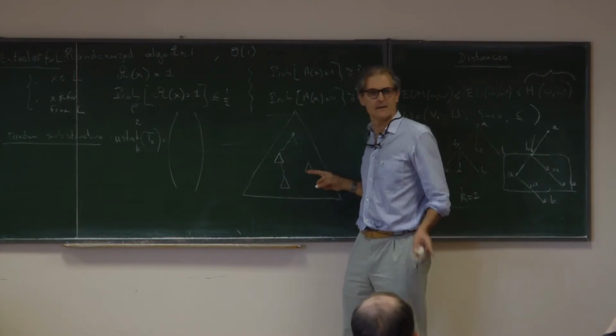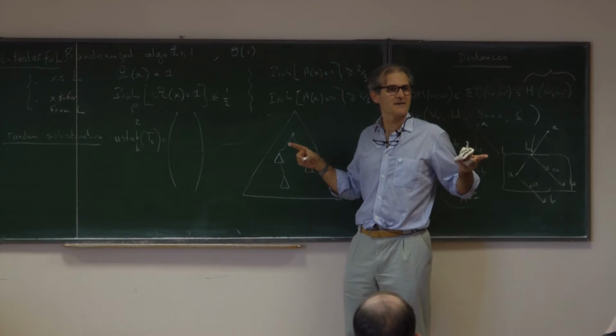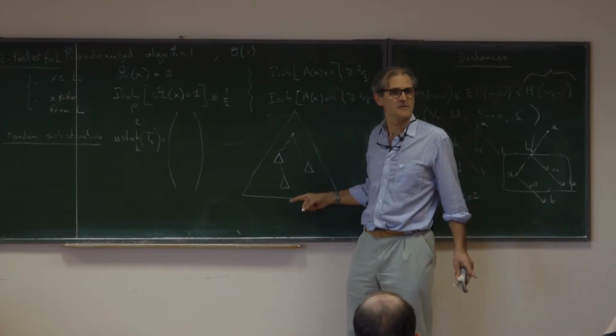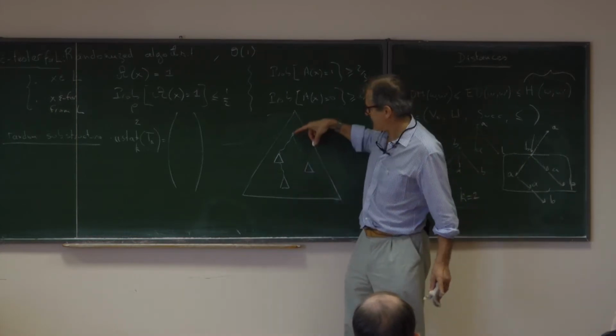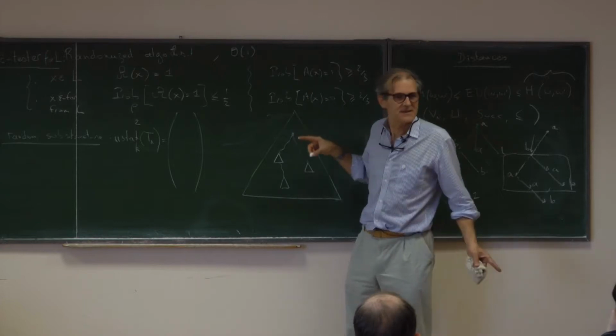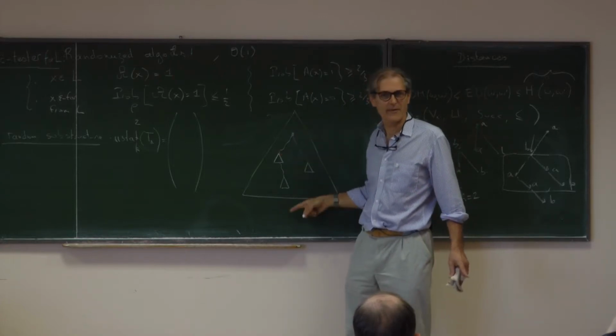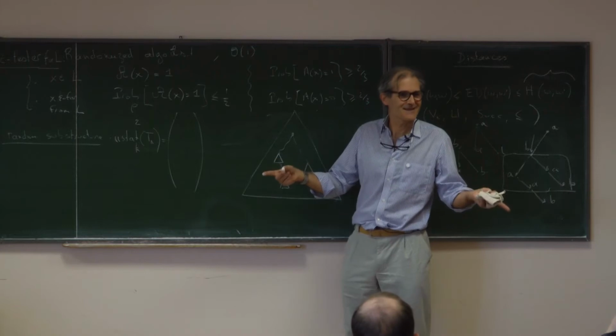Either they are not in the ordering relation of the tree, but they have a common ancestor, it could be the root, or one is before the other. These are the two cases.